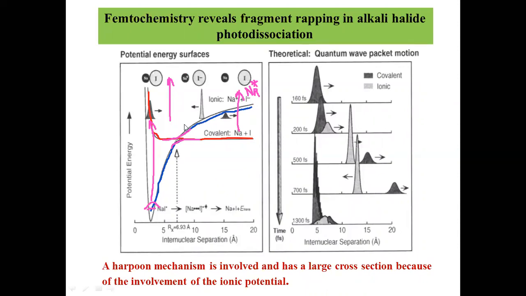This is a very interesting experiment. What it really reveals is that we can use the pump-probe experiment to trap the transient species, and it was shown by Professor Ahmed Zewail in the late 90s, right? And still some people are doing this kind of experiment, and it's very fantastic. Of course, very sophisticated instruments have come up now.